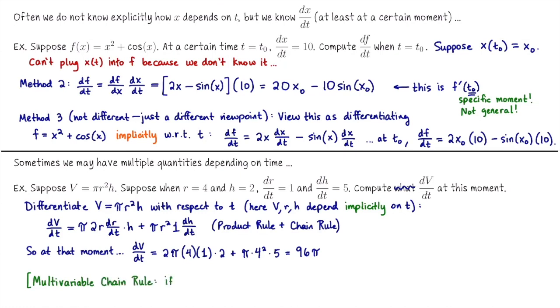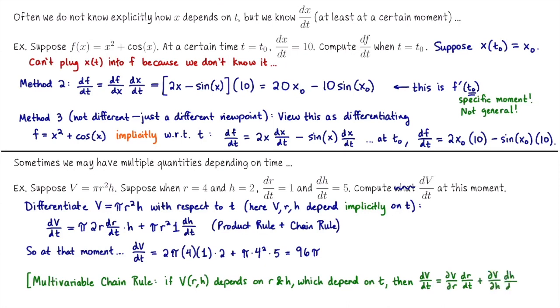If you have a function of the form v of r and h, so two inputs, v depends on r and h, and then each of those individually depends on t, the multivariable chain rule, which you can check, will give you the same result as the above: dv dt is dv dr times dr dt plus dv dh times dh dt.